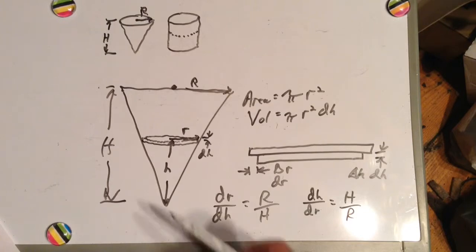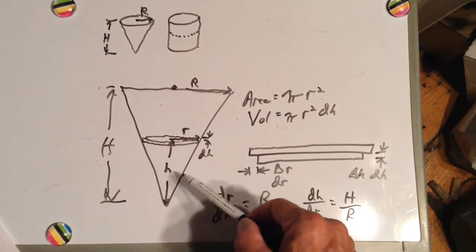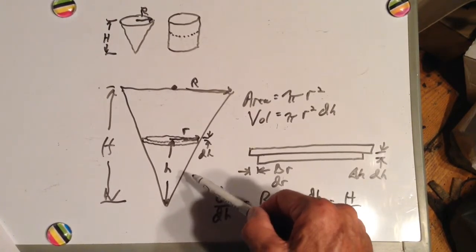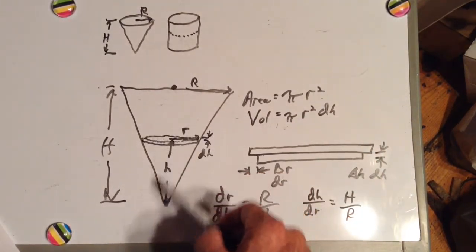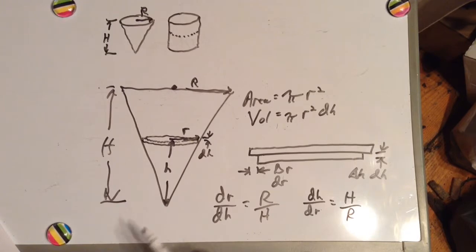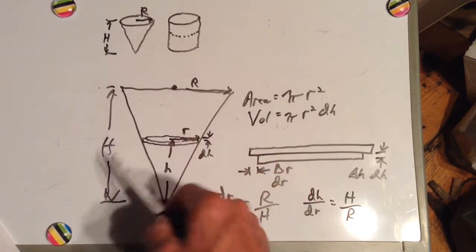And it's mandatory that the side of the cone from the bottom tip to the top ring be straight so that r over h is always equal to capital R over capital H.